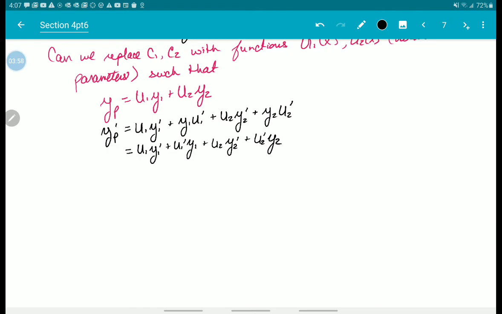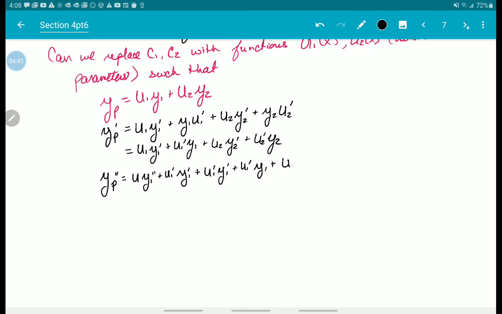And then we need to take a second derivative. Since this is second order, we want to substitute a second derivative in there. So yp double prime, same thing. We're going to use that product rule. So it's going to be first times the derivative of the second plus second times the derivative of the first. Second term, same way. Third term, same way.